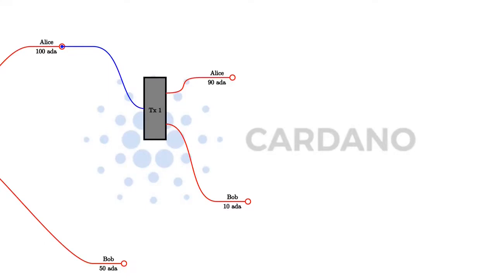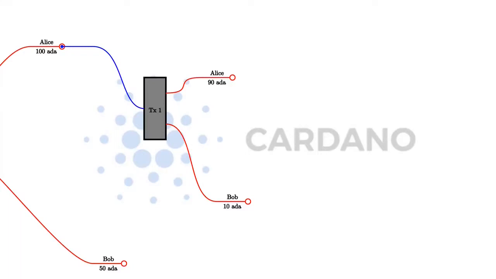So this is a first example of a simple transaction, and we see that the effect of a transaction is to consume unspent transaction outputs and to produce new ones. So in this example, one EUTxO has been consumed, Alice's original 100 ADA EUTxO, and two new ones have been created.